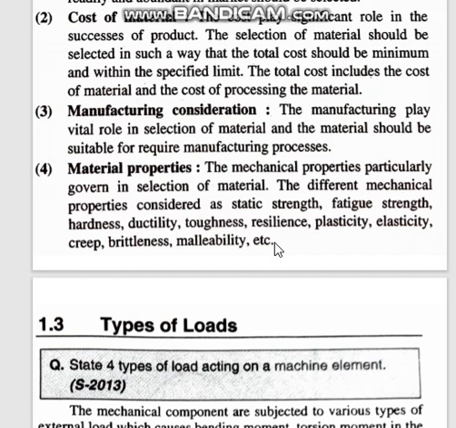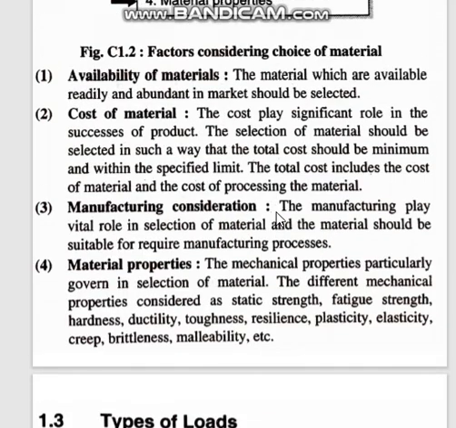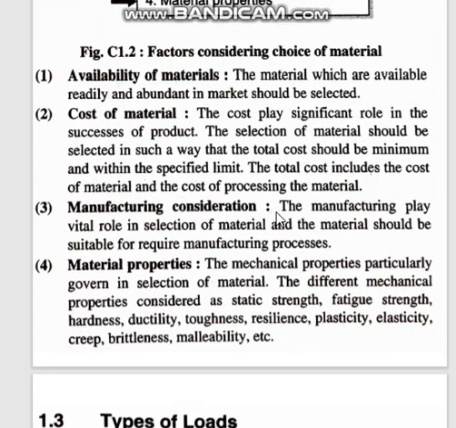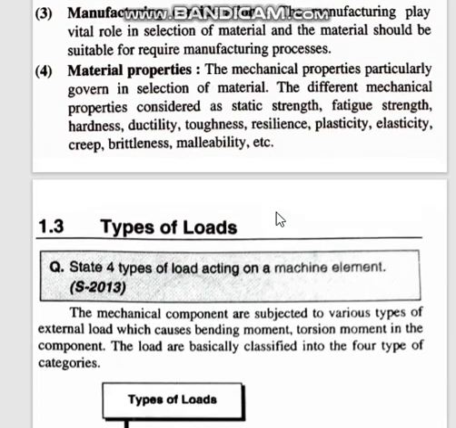Depending upon the requirement for our machine component, we have to choose the material in such a way that it has the properties that are desired. So these are the four factors. There may be other factors also, but these are the four important factors for selecting the material.